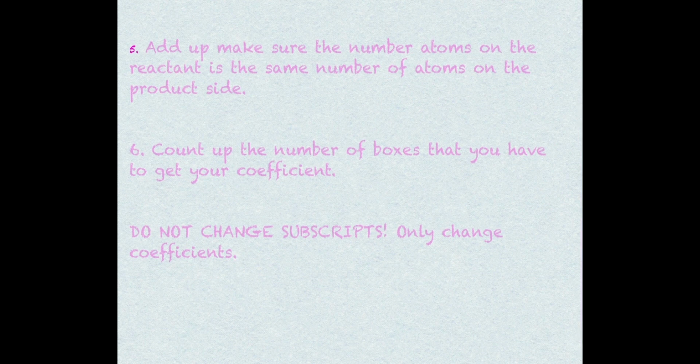Okay, so step 5 is now when you're going to add up. Okay, you're going to add up. So when you're adding up, you're going to make sure that whatever is on the reactant side, the number of atoms on the reactant side is the same number of atoms on the product side.